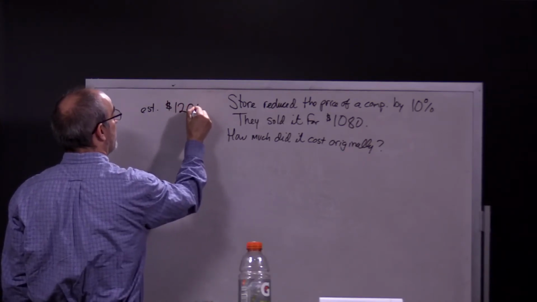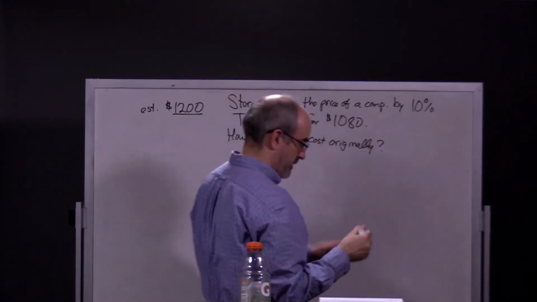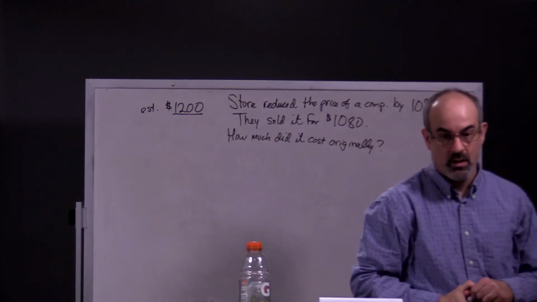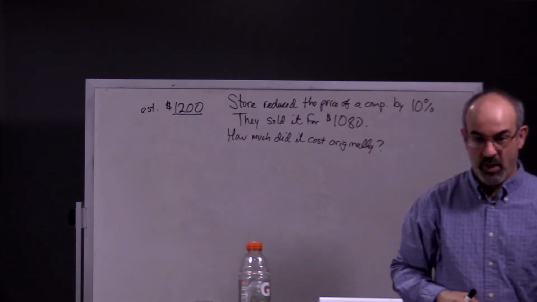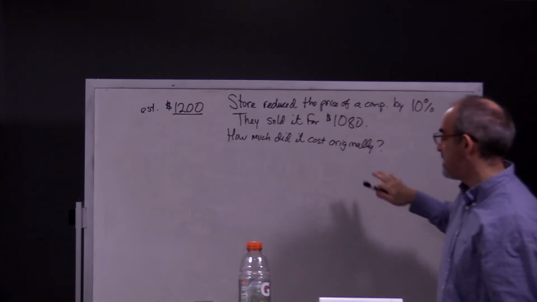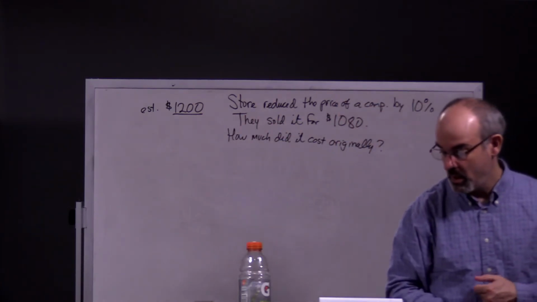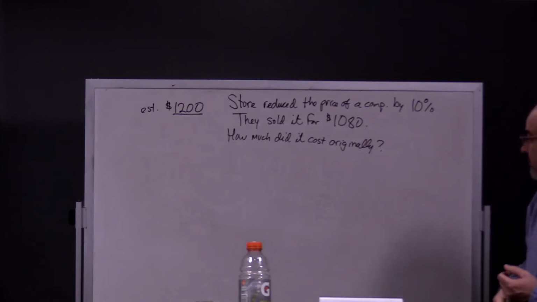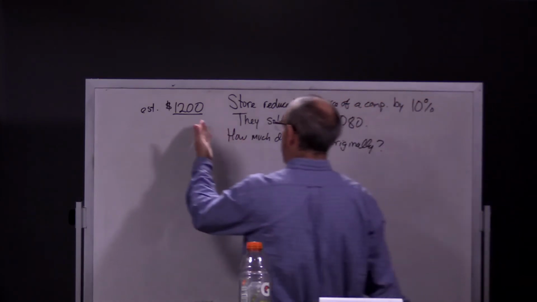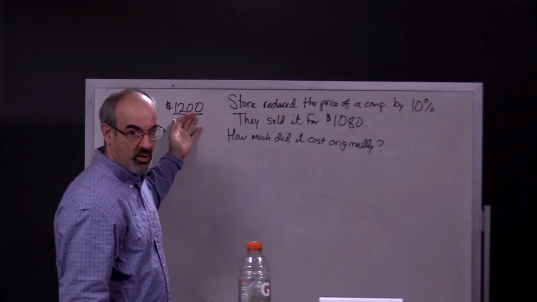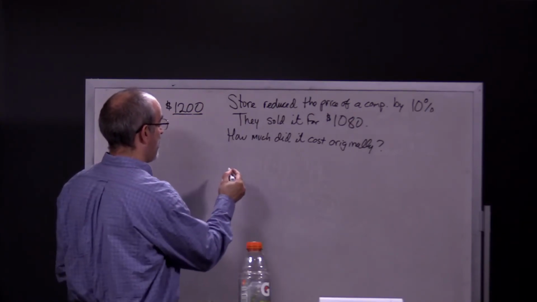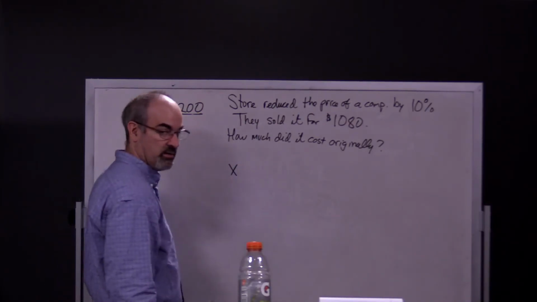Remember, this number here has to be greater than that. I don't know if I'm right, but at least this number here is greater than that, so it could be right. So, remember, this was just an estimate. We don't know what the computer cost originally.